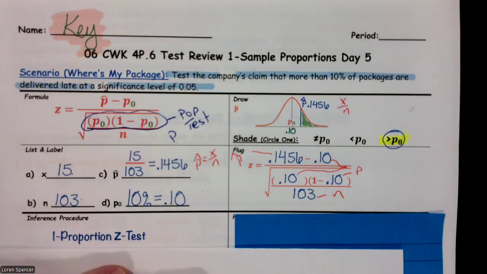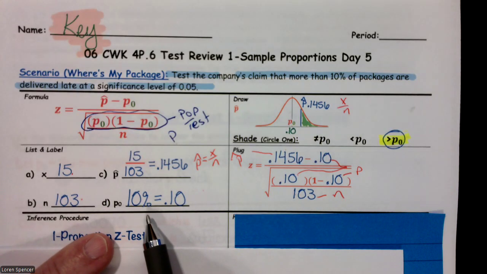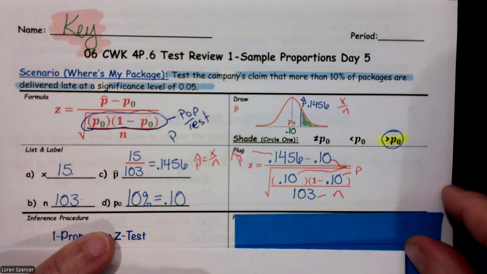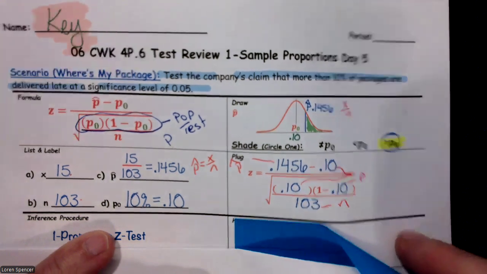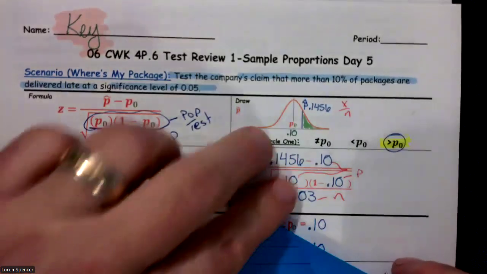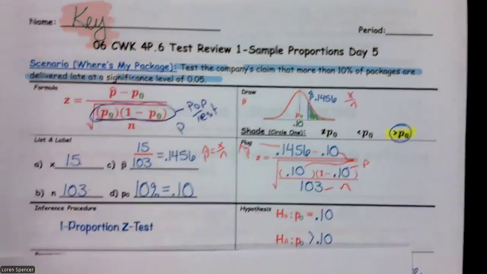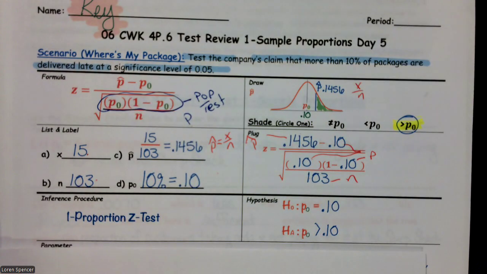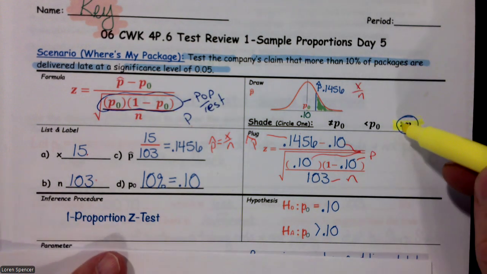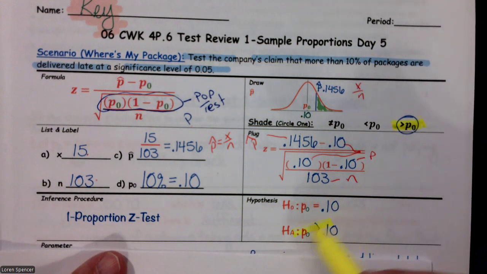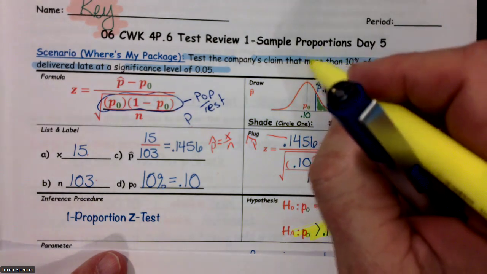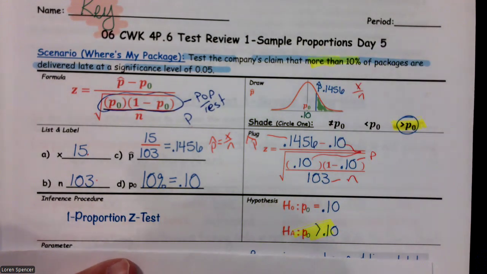The null hypothesis is that it equals P, in other words, that it equals 10%. So the claim is 10%. The alternative is that it's greater than 10%. And once again, as I said before, we're going to be consistent. We have a greater than here, we have a greater than here, and we indicated more than 10%.